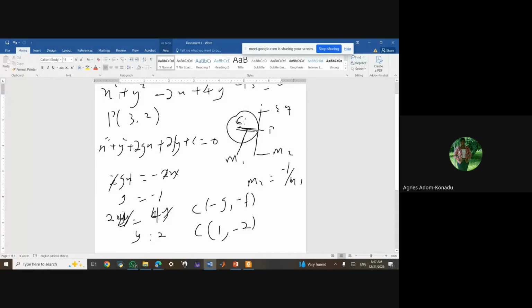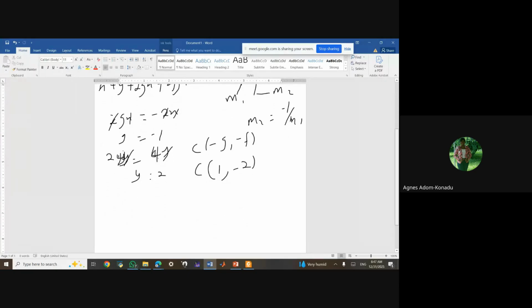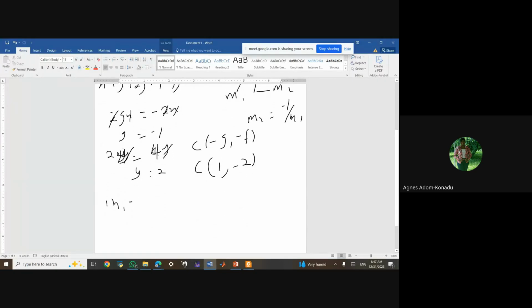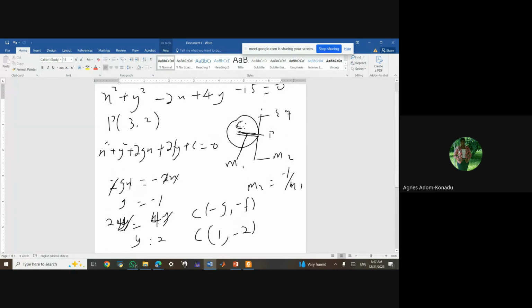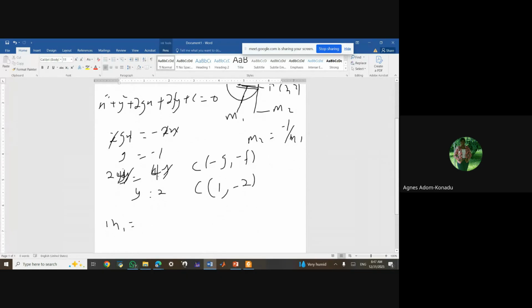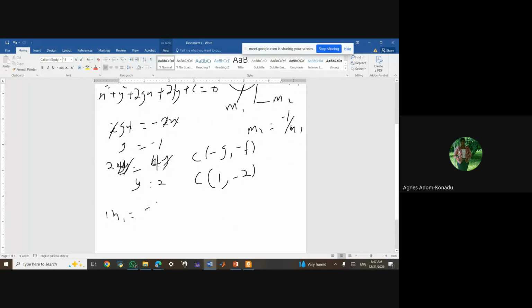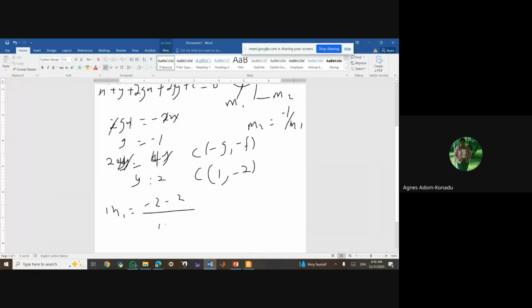I can find the gradient m1. So my m1 will be, P is (3, 2), so I can have minus 2 over 1 minus 3. And what do I have?